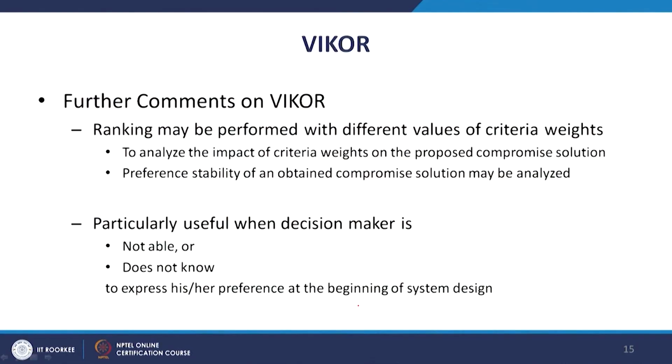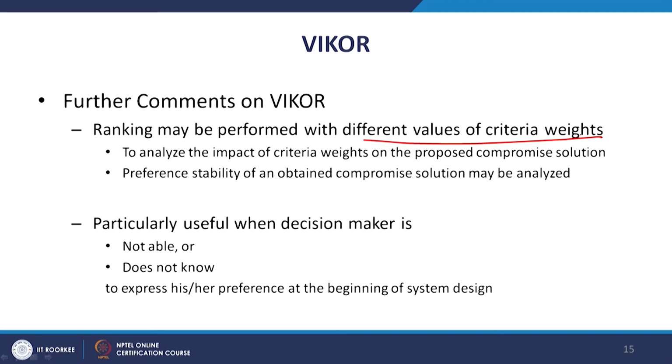Now, let us go back to our discussion. We will discuss a few more points about VIKOR. A few important aspects of VIKOR are that ranking may be performed with different values of criteria weights. As you have seen in the function in our environment, criteria weights are taken as an argument.